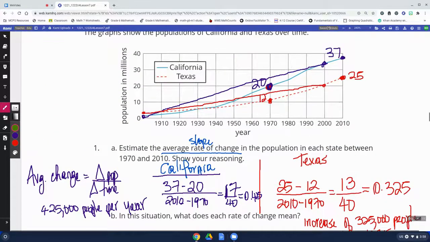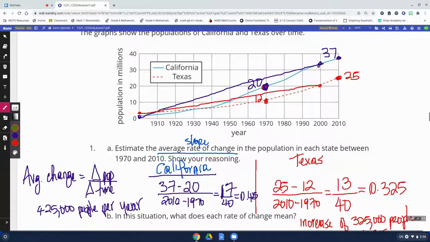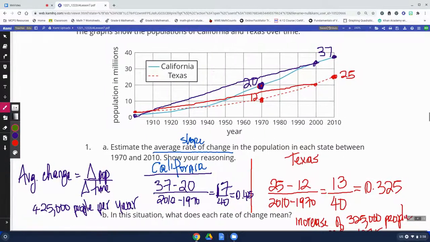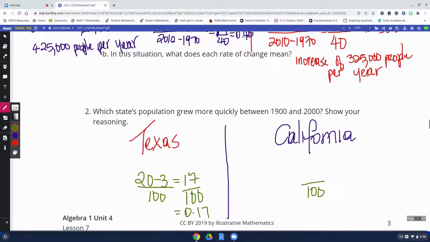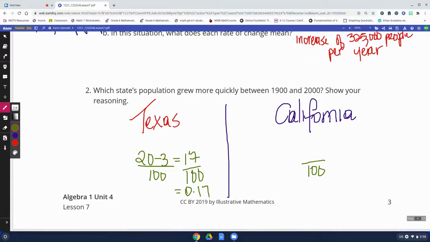California went from about 1 million to about 33, right? So that's 32 million people over the same 100 years, right?